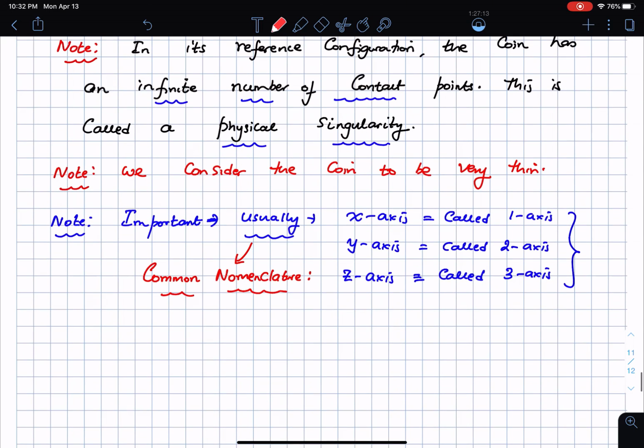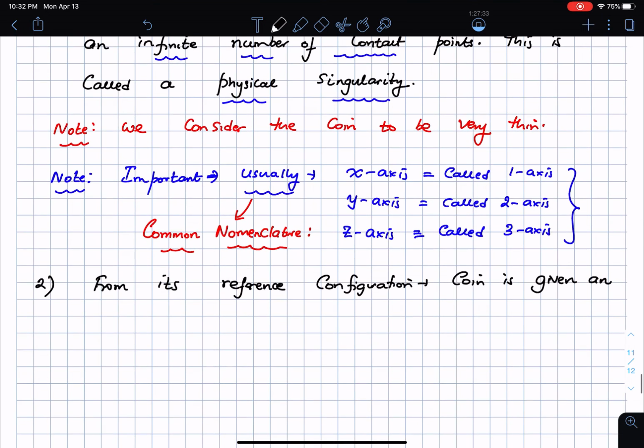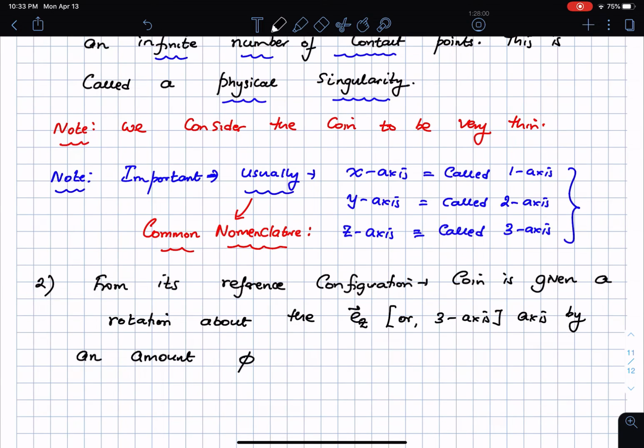All right, and so the second point, from its reference configuration, the coin is given an incremental rotation rate, or the coin is given a rotation about the EZ or the 3 axis, EZ axis, by an amount phi dot.